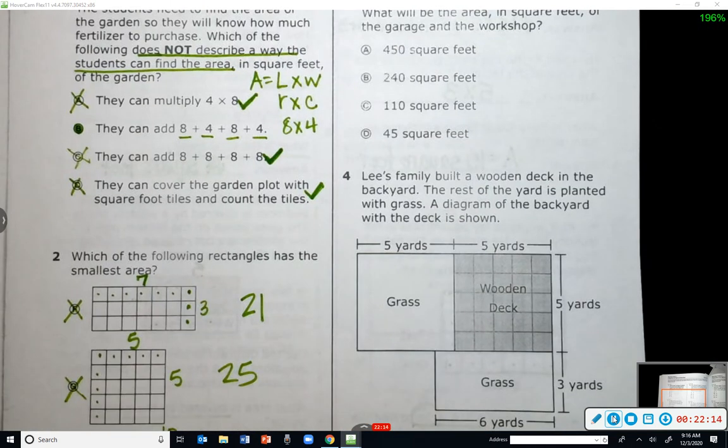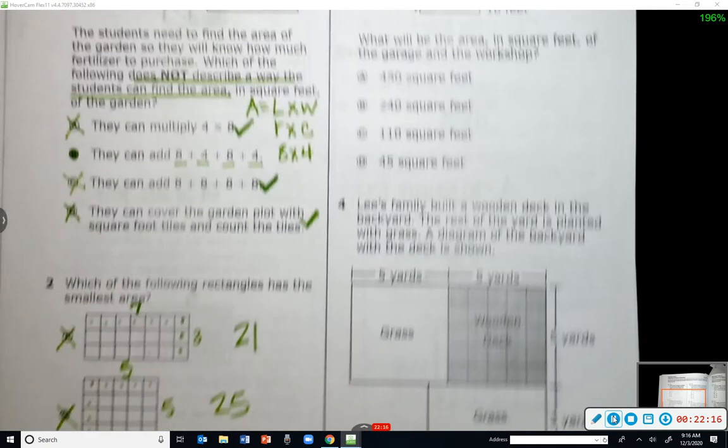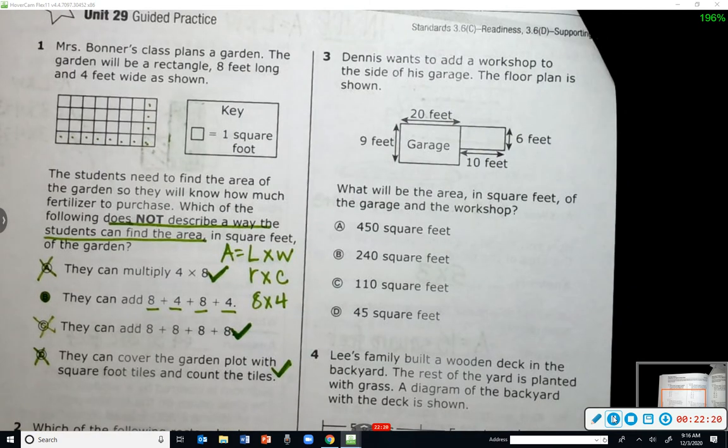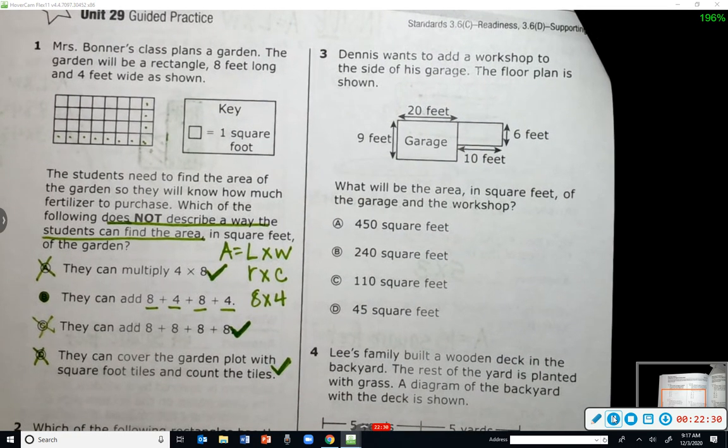Okay, number 3. Dennis wants to add a workshop to the side of his garage. The floor plan is shown. What will be the area in square feet of the garage and the workshop? Okay?